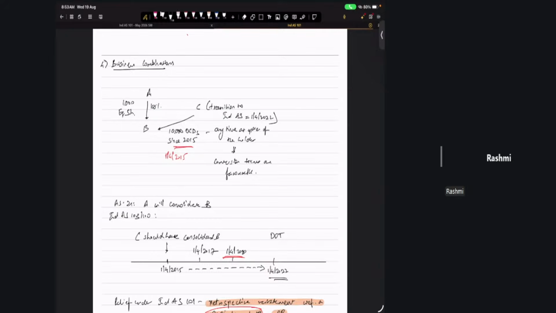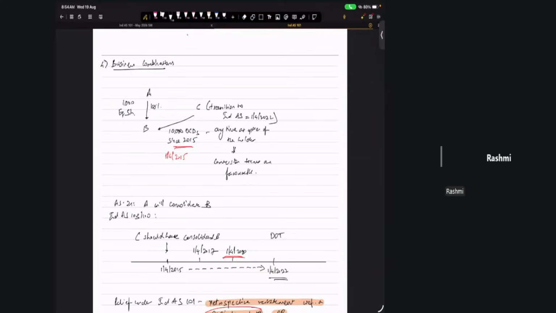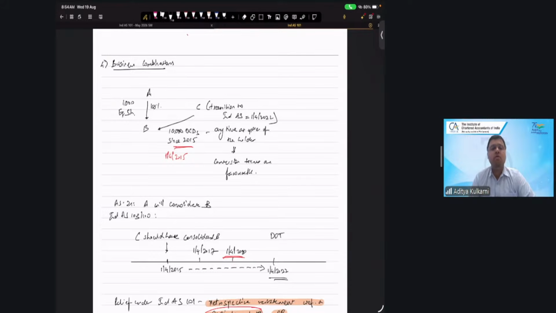Yes, I think there is no business combination. We don't really have a comparable standard, though amalgamation AS 14 and consolidation AS 21, you have these two standards under the AS regime. But there is nothing that is remotely similar to Ind AS 103.